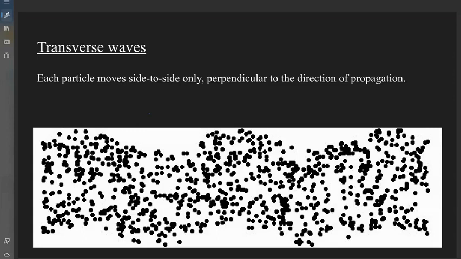However, it looks like the wave is moving to the right. Well, that's because the energy is moving to the right, but the particle itself is moving up and down. Each particle is moving up and then down. So these particles have already moved up, they need to move down. These particles have already moved down, they're going to move up. So just track one particle at a time on that little GIF there.